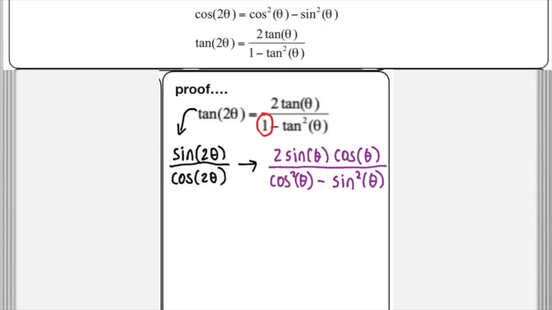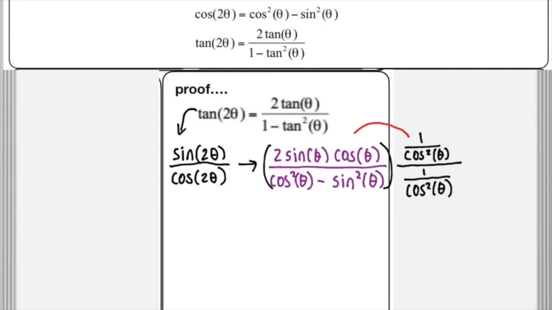Like this one is in the same position as this cosine squared here. So how do I get a cosine squared to look like a 1? Well, can I multiply the top and the bottom by 1 over cosine squared? So let's do that. We're going to multiply the top and the bottom by this, distribute it into each one of these, and rewrite it down below.